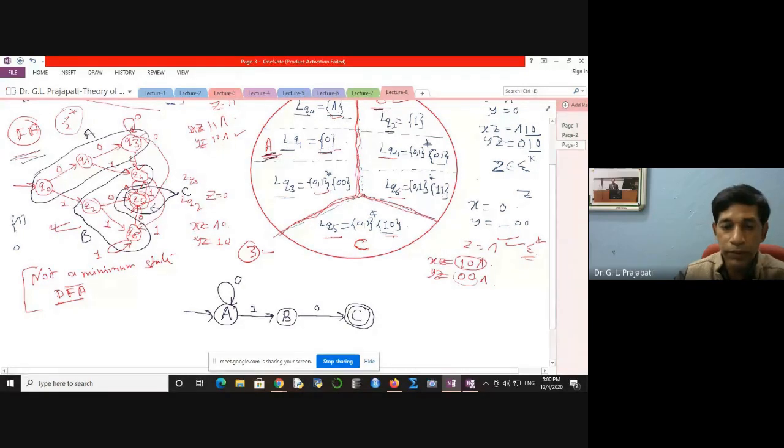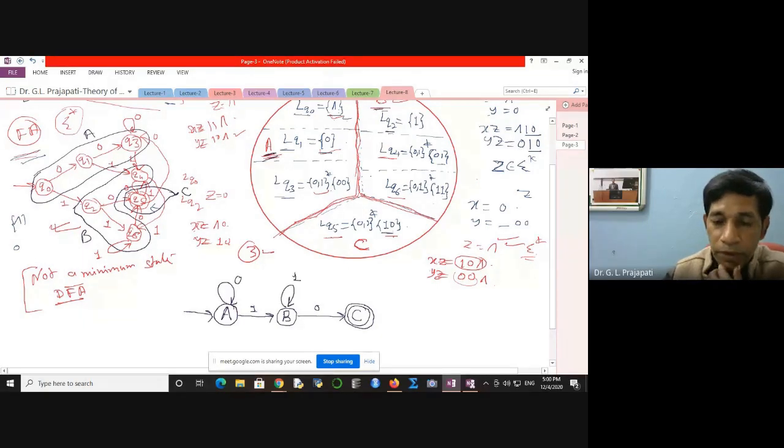Now if you are at B and you receive 1, the string ends in 1. Every string ending in 1 is in the equivalence class B, so you stay in the same equivalence class.